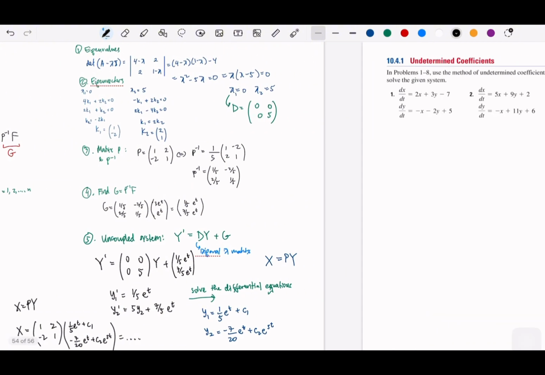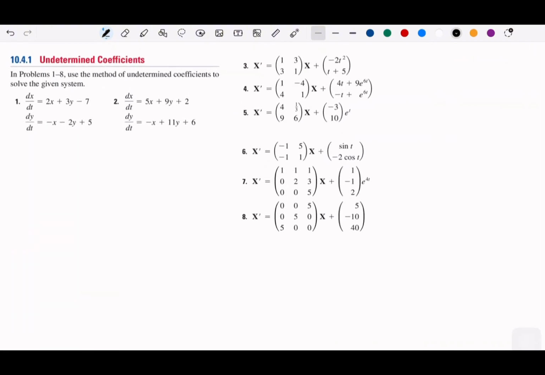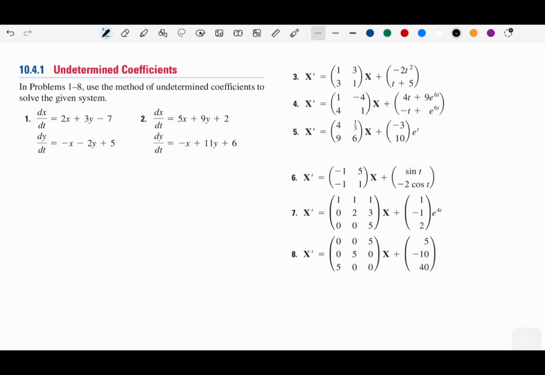So this is some of the examples for the undetermined coefficients.